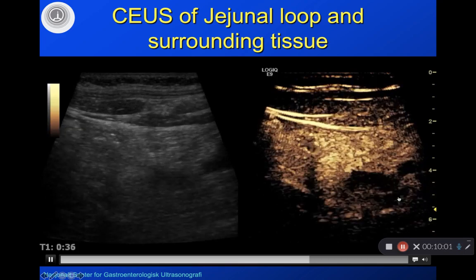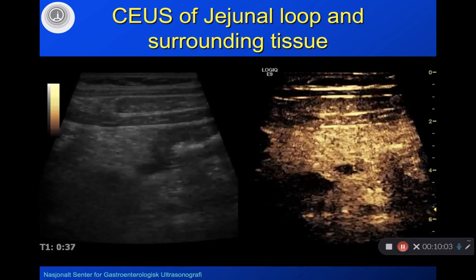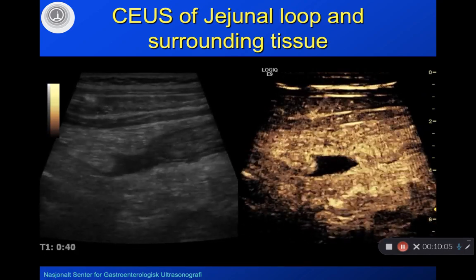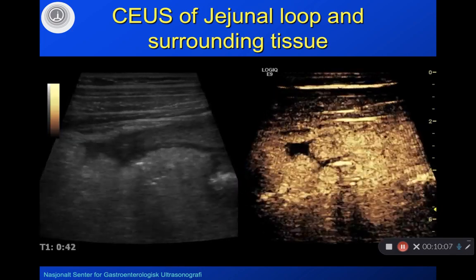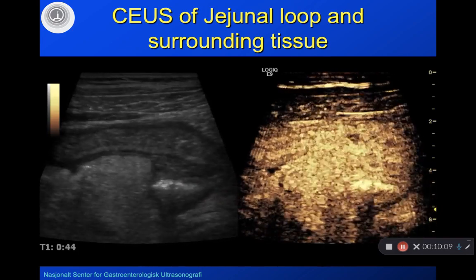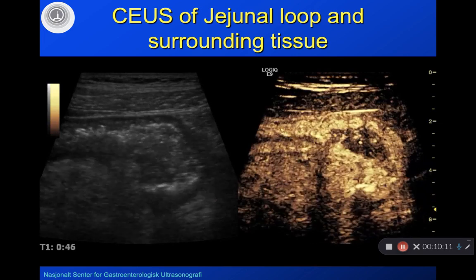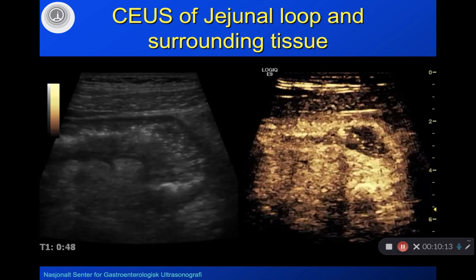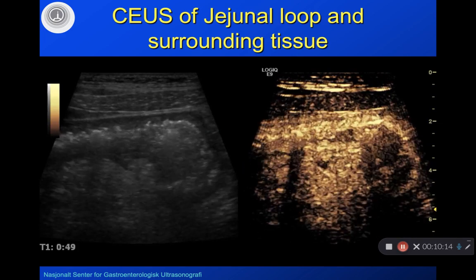And interestingly, this patient was scanned with MRI the day before, and they were not able to detect this fistula and this abscess on MRI. So ultrasound here gave a very good solution to the patient, who could receive the proper treatment.